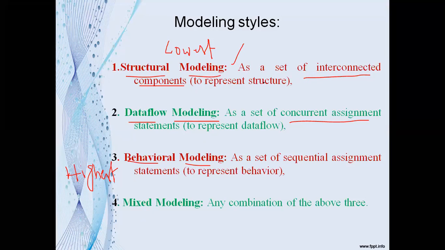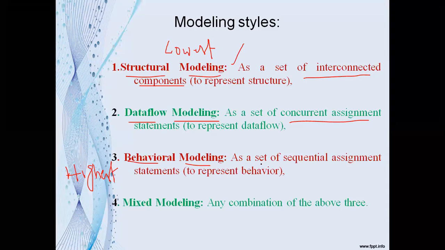The circuit is represented with components in the structural model. Whereas in behavioral modeling, we describe the behavior, or the relationship between the input and output, by using a truth table, or a state diagram, or simply a block diagram also.